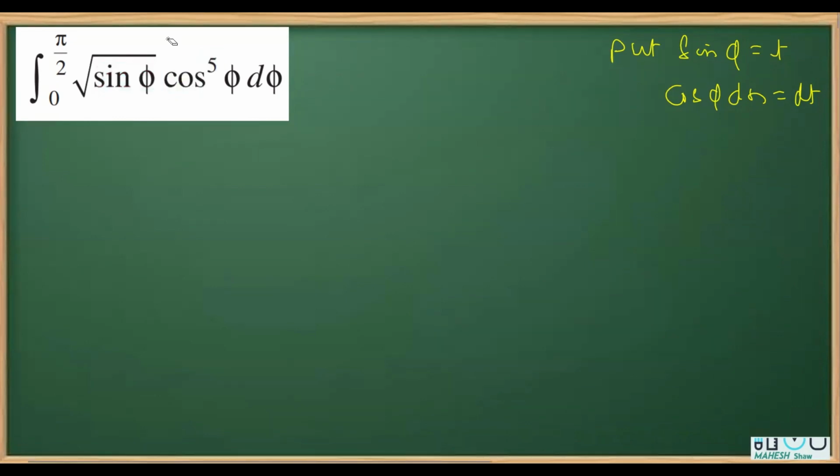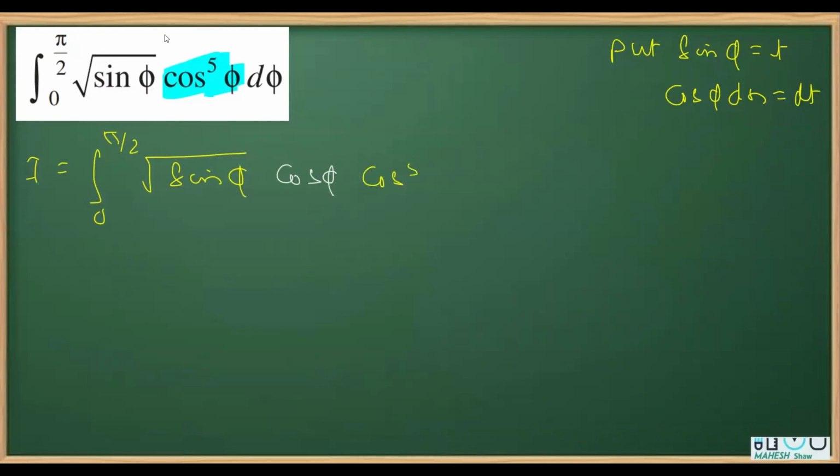What I'm going to do is I is equal to integration 0 to pi by 2, this is whole under root sine phi. And I'm going to split this cos raised to the power 5 phi as 1 times cos phi, and then cos raised to the power 4 phi.